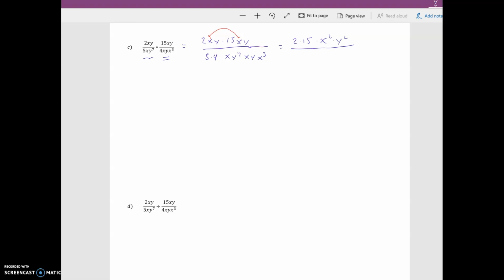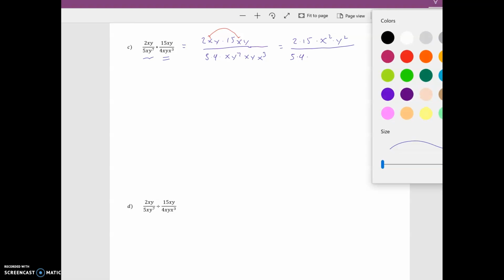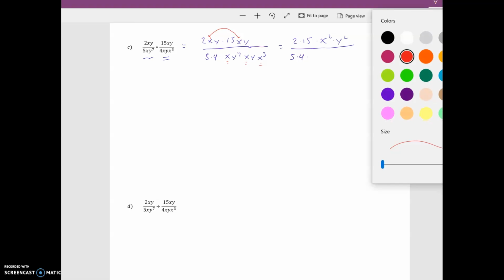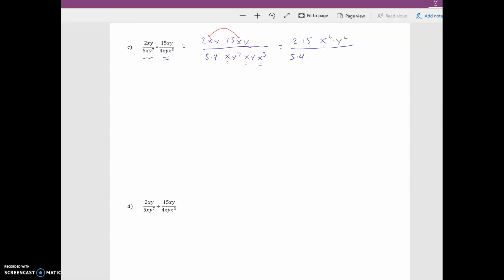At the bottom, let me just rewrite it as 5 times 4 times, and among your x's, I'm looking at x and x and x, so x to the 3rd, to the 4th, to the 5th. So I'm counting 5 at the bottom. This is x to the 5th.